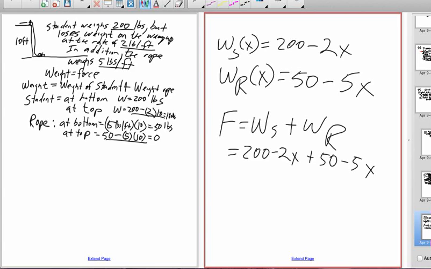And then I come back in, and this is force as a function of x. And I end up with 250 minus 7x. And there's my force. And this is where most of your time and energy will be spent, is on the force.